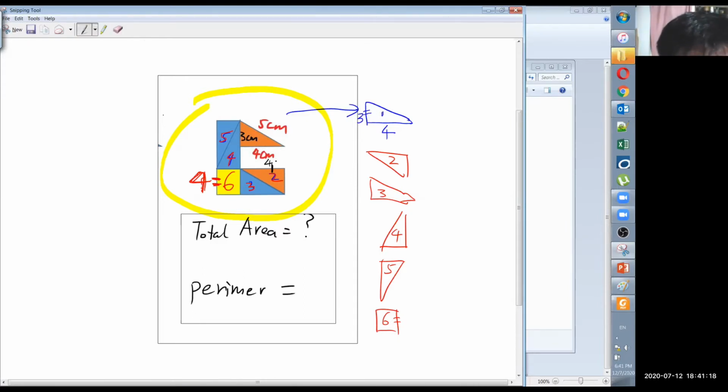Can it be 4? This is 4, right? And what is this? Then 3. So if you are saying this is 3, that means it should be 3, right? Oh, so that means the side is 3.